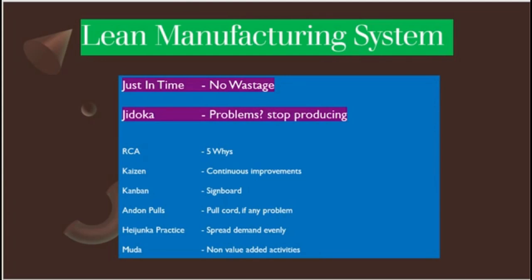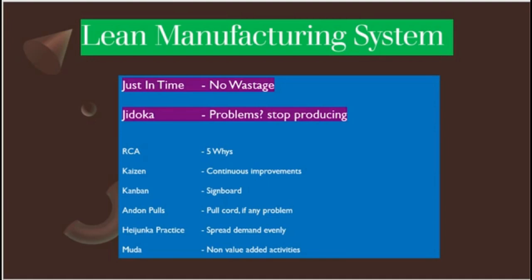Sometimes you may find the actual root cause after asking 3 times, and sometimes you may go up to 7 times, which is the maximum. Based on this, we find the root cause, and then they identify the corrective action and the preventive action, and then they implement.